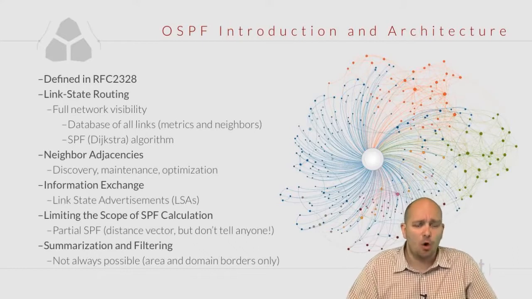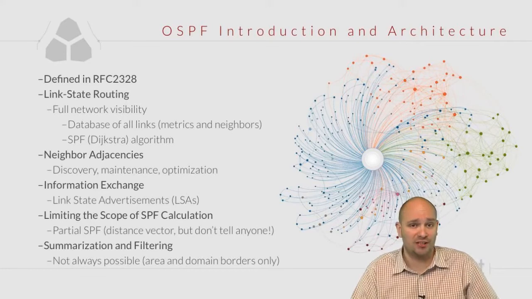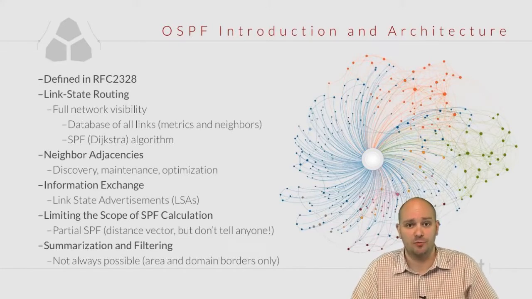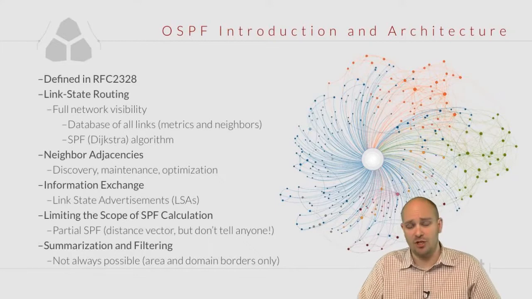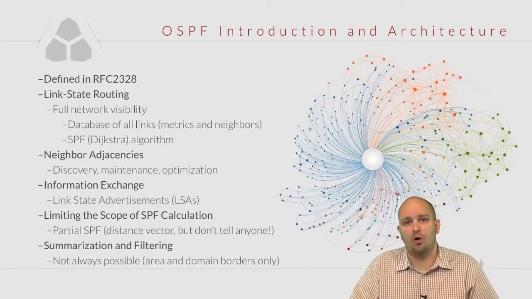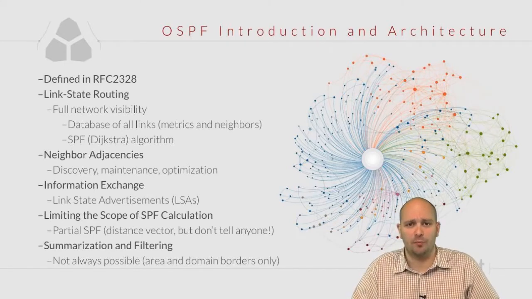In other words, in this database we are going to have information not only about the interfaces themselves, what the IP addresses and the networks associated with them are, but also what other devices are connected on these links. Now, when we have this information in the database, which is fundamental for the functioning of OSPF, the SPF algorithm runs.